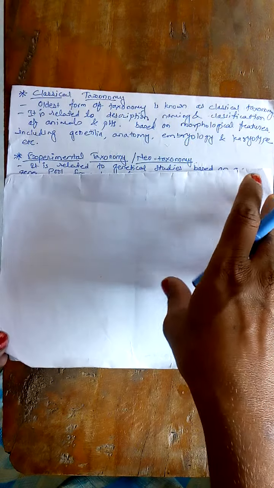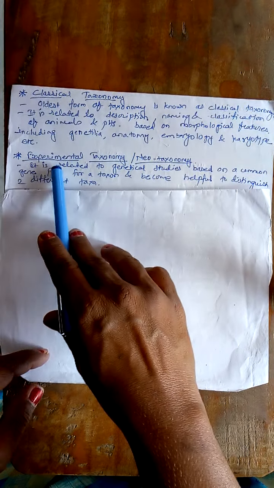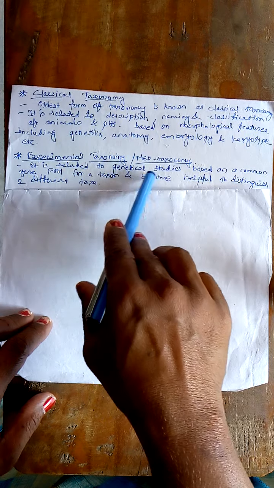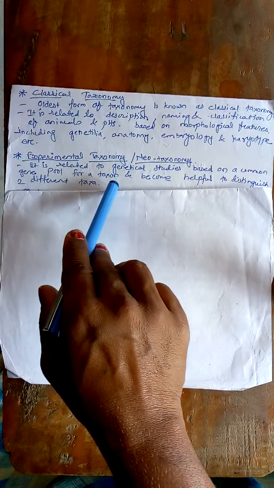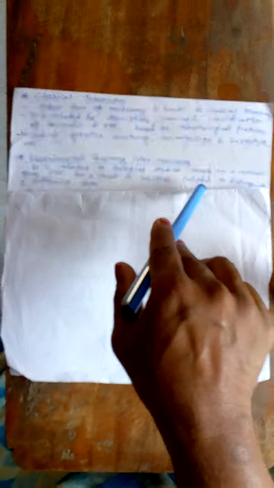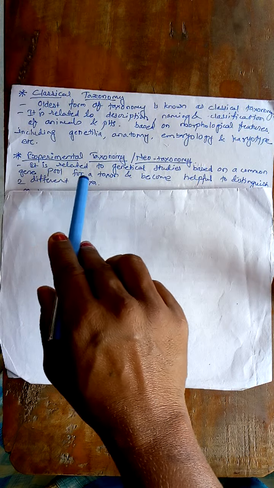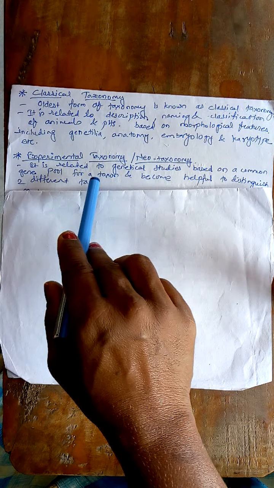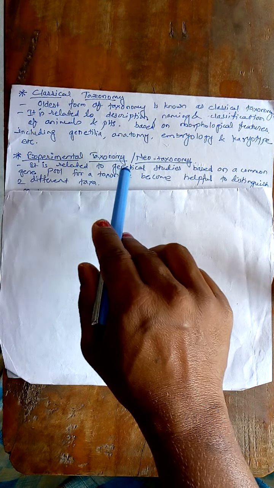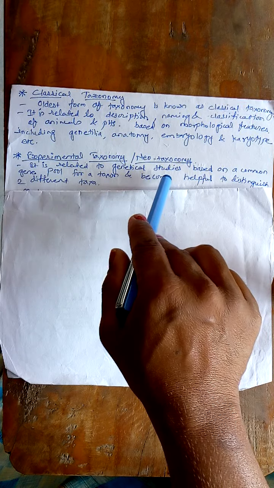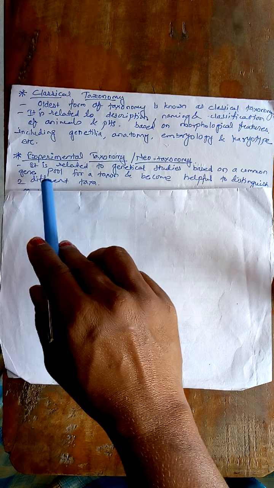This experimental taxonomy is related to genetical studies based on a common gene pool for a taxon, and it becomes helpful to distinguish two different taxa. So when we make groups of animals, we study them on the basis of genetical studies or gene pool, which types of genes and which types of chromosomes are present.